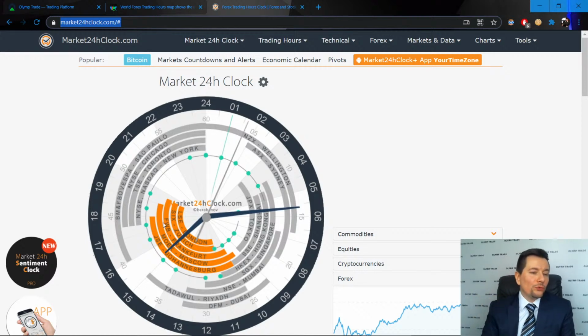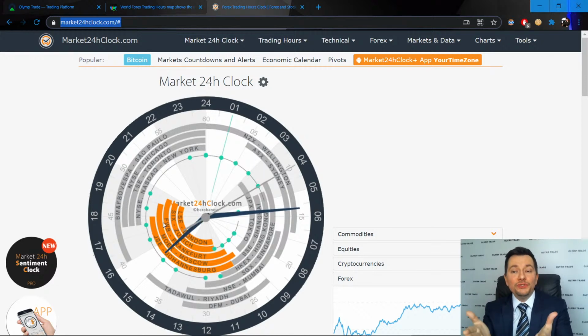Now, there's one more really key thing that I wanted to show you guys to illustrate by using this market clock. Do you guys see right here at the end of the day, the last 2 hours in London and the last 2 hours in Zurich are overlapped by trading in Sao Paulo, in Chicago, in Toronto, and in New York.